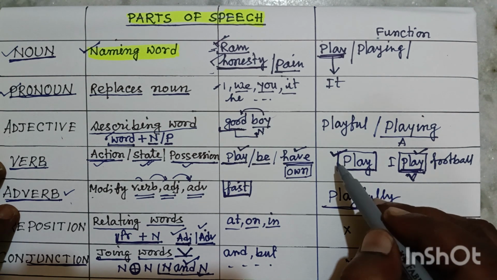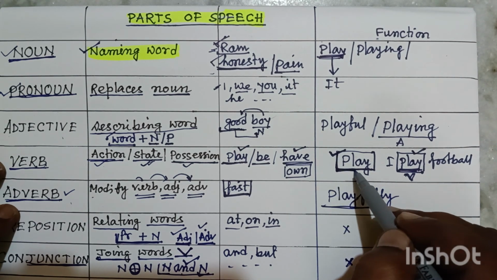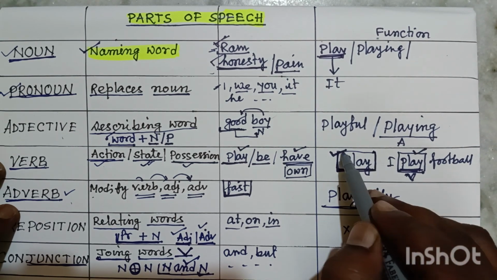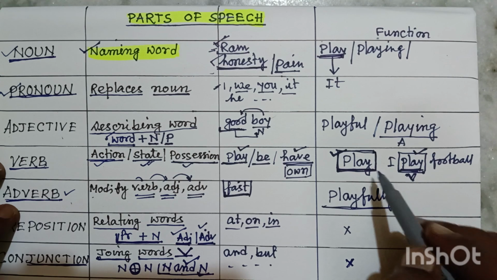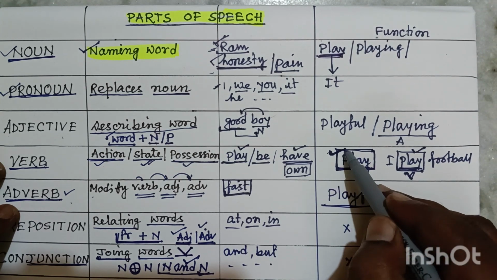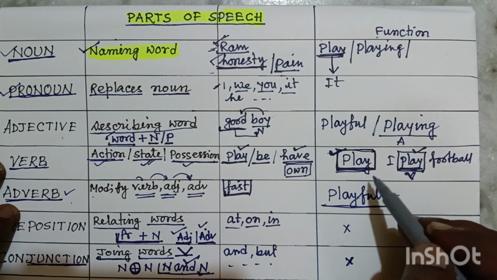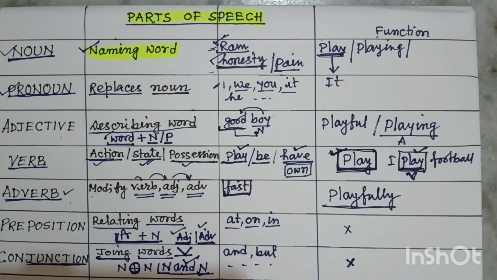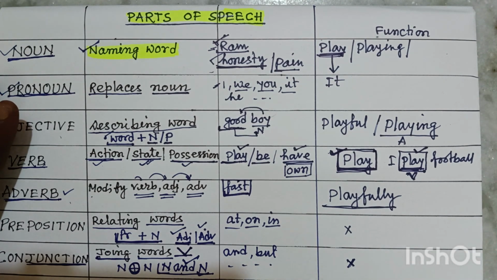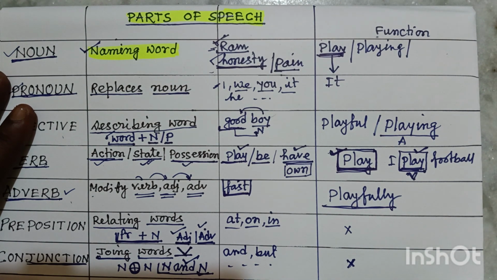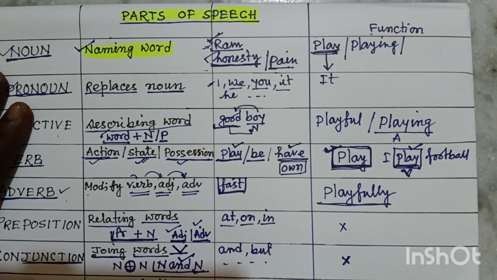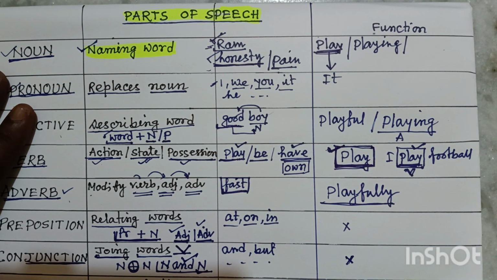Friends, so I mean to say that don't be rigid about the words. Don't think that this word is a verb. Actually, the same form or some derived form may be used in different parts of speech. So the part of speech will be decided according to the function of that particular word in a sentence.